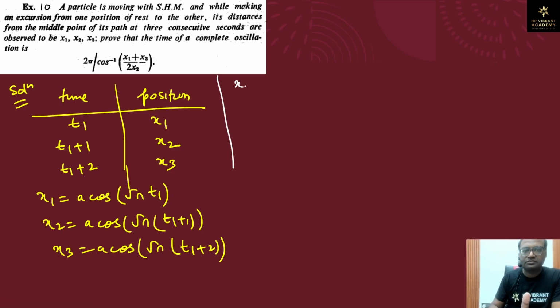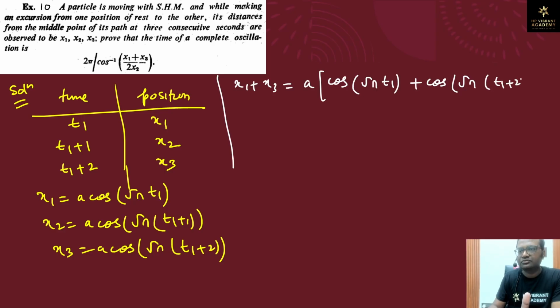We have x1 plus x3 is equal to a times of cos of root under mu into t1 plus cos of root under mu into t1 plus 2. So x1 plus x3 is equal to a times of cos a plus cos b.